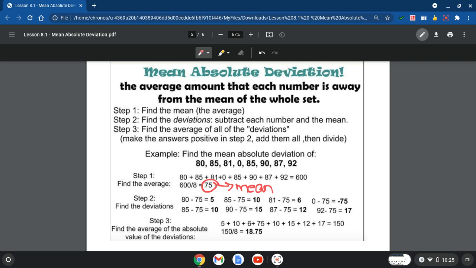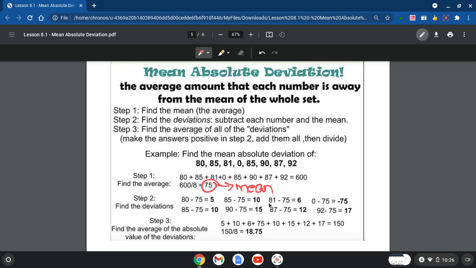Well, how much is our data deviating from that mean? Or how much is it away from that mean? So we're going to take each one of these pieces of data and subtract 75. So 80 minus 75 is 5. Then 85 minus 75 is 10.